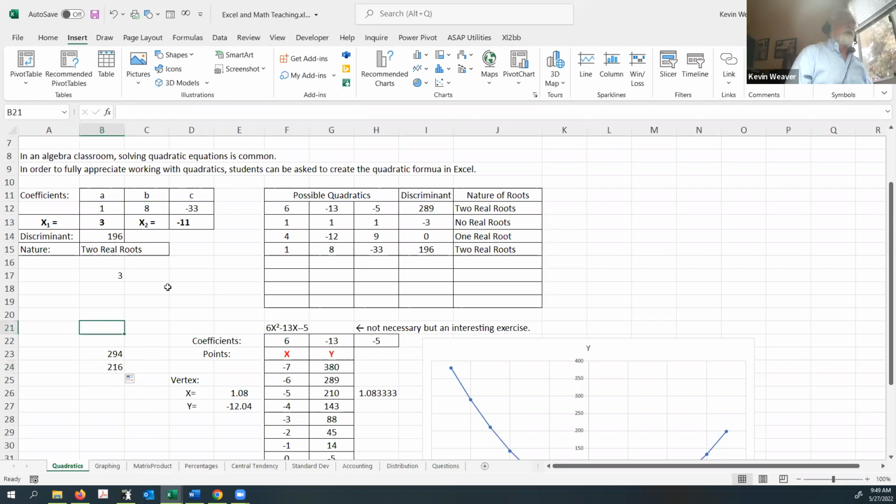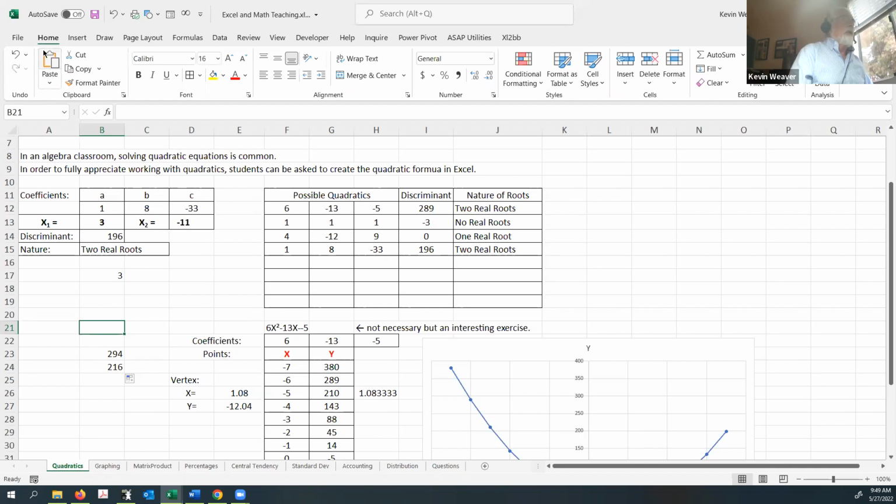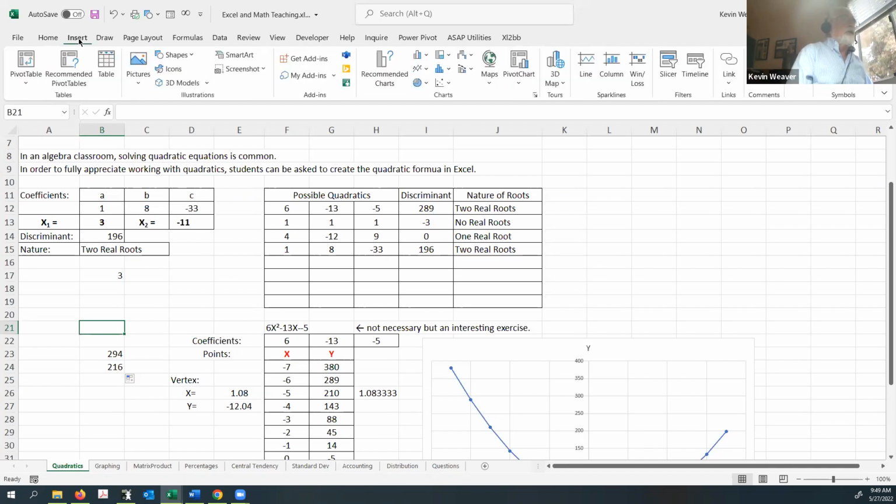Okay. So without going into all the calculations, let me show you what to do when you have an issue and you hope that there's a formula for it. You go to the ribbon across the top, and you'll see there's a Home tab, an Insert tab.